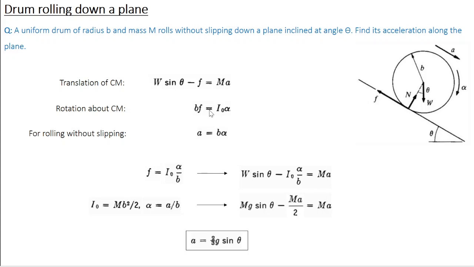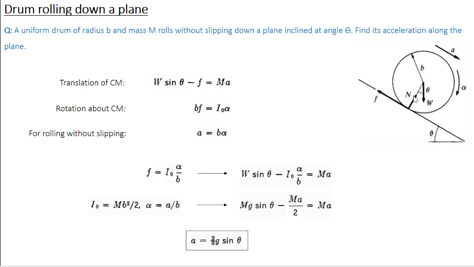I can also write the torque in terms of moment of inertia as I naught alpha, right? So bF equals I naught alpha is the equation of motion corresponding to the rotational motion.